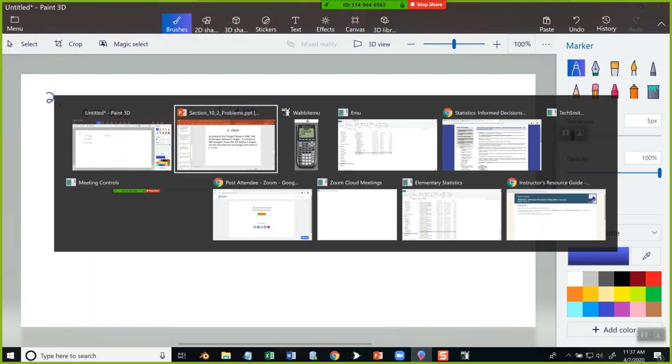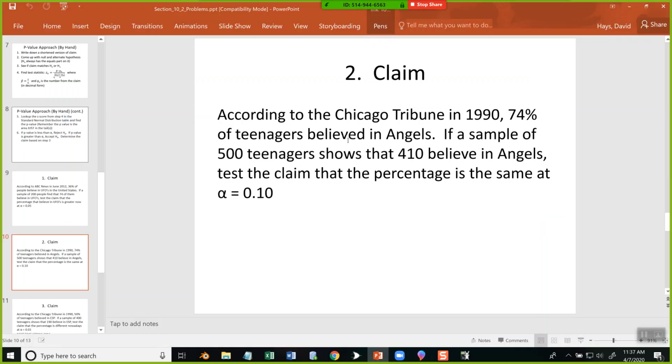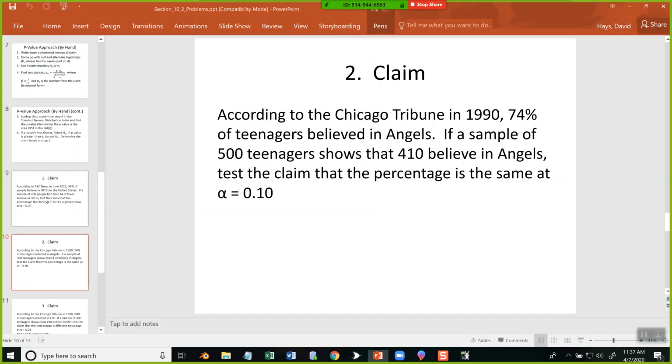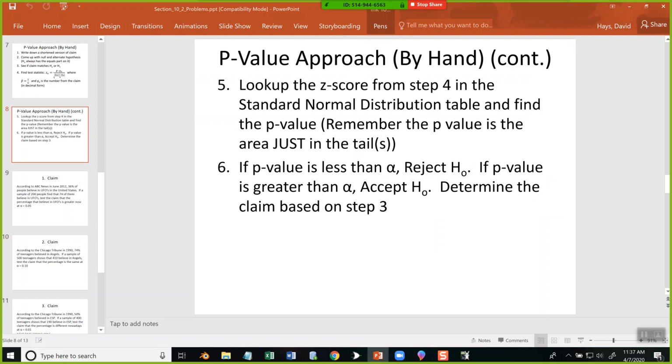So the claim is that the percentage is the same as 74%. And again, you want that in decimal form.